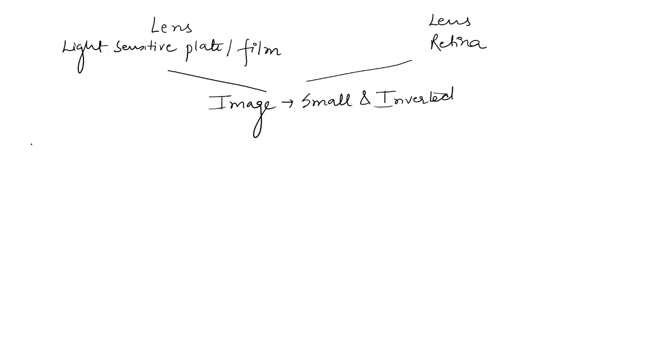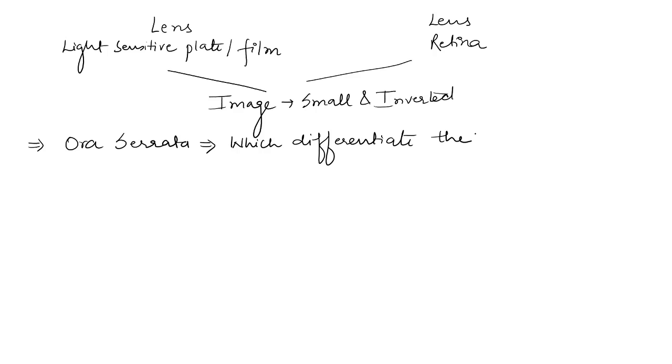Now, there is a term ora serrata. Ora serrata is basically a region which differentiates the portions which are basically involved in image making and the portions which are not involved in the image making.